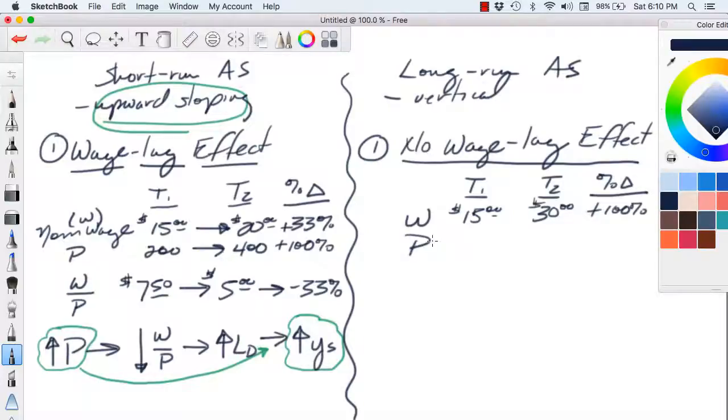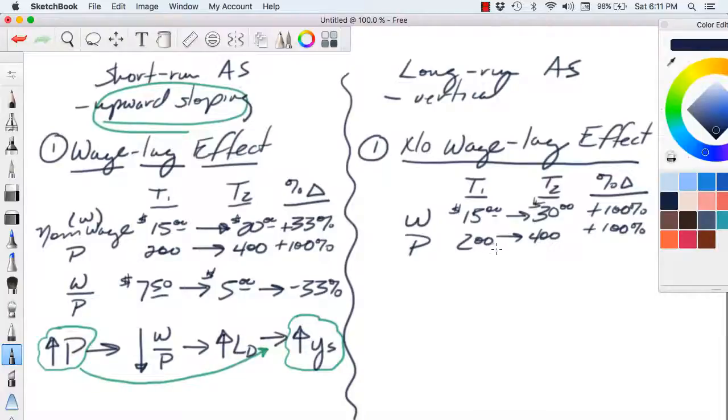Let's say over the same time period, prices go from 200 to 400. So on average, prices have doubled. That's an increase of 100%. So on average, wages have doubled, and on average, prices have doubled. In other words, workers have not lagged prices.